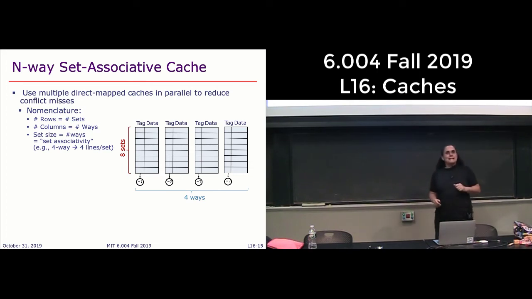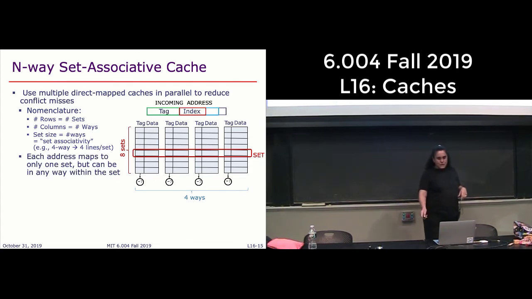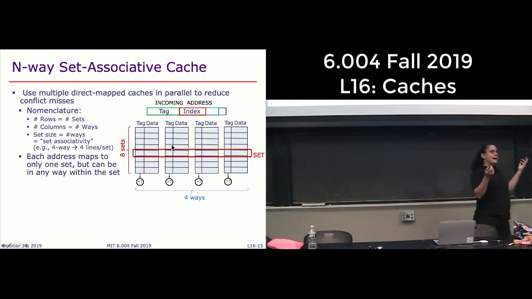Basically the index is going to map to what we call a set. And so these index bits, instead of just selecting one location in my cache, are going to select one of n locations, or one of n ways, in my cache.